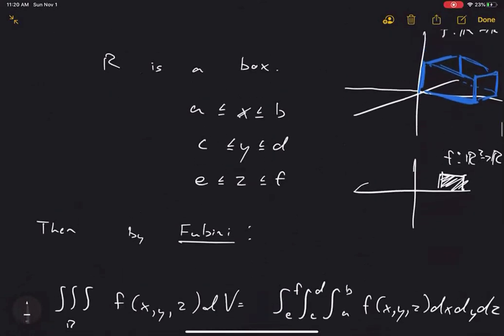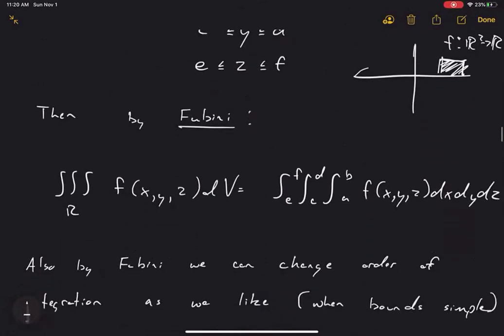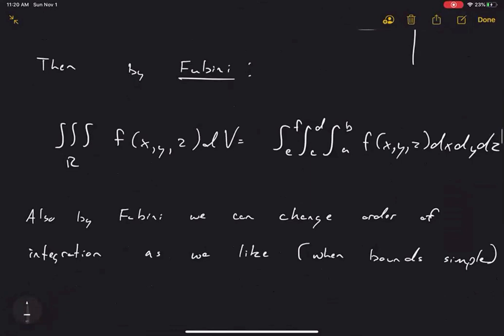Then we have our analog of Fubini's theorem. We're allowed to turn this into an iterated integral, and as long as all these bounds are constants, we can switch the bounds of integration freely.